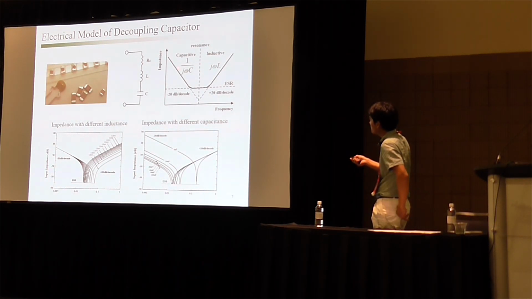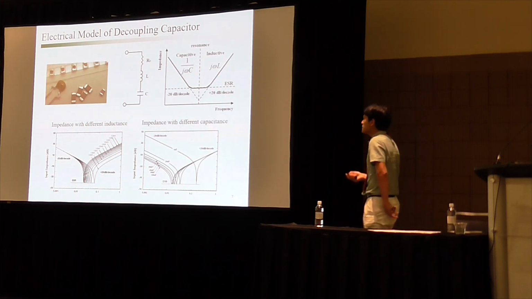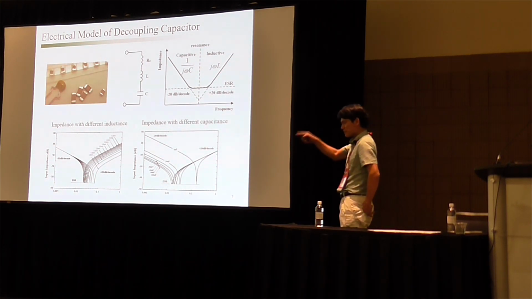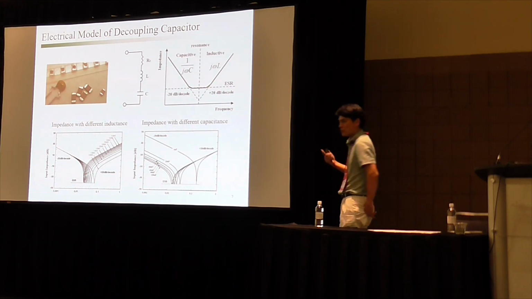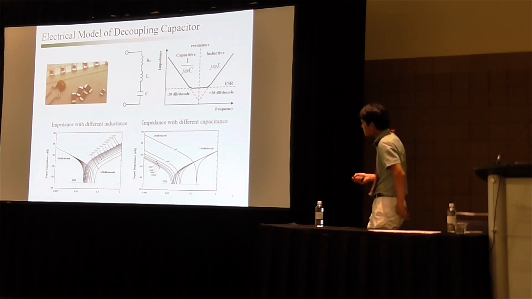So we have a linear negative 20 dB per decade curve here, and a positive 20 dB per decade curve. So if you see this curve in an impedance profile, we can see that this is the capacitive region dominated by the capacitance. This is the inductive region dominated by the inductance. So here there are multiple decoupling capacitors bearing this inductance.